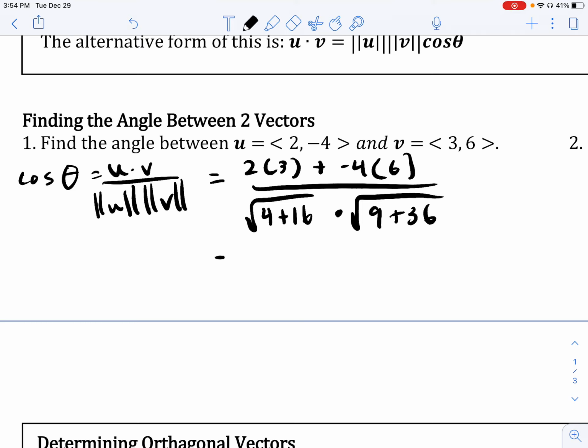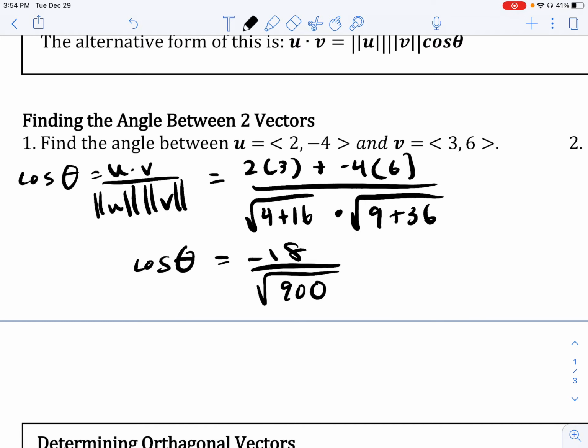Let's clean this up just a little bit. 6 minus 24 is going to give us -18. And then this is going to be root 20 times root 45, which should be root 900. So we say that the cosine of theta is equal to this.